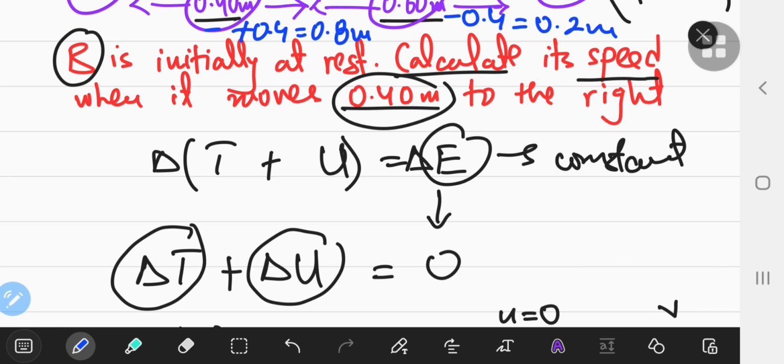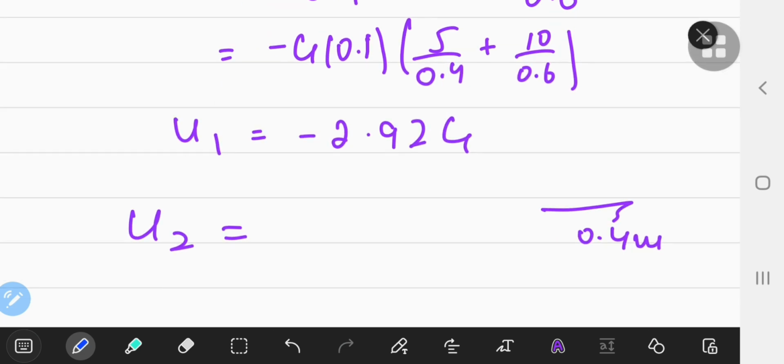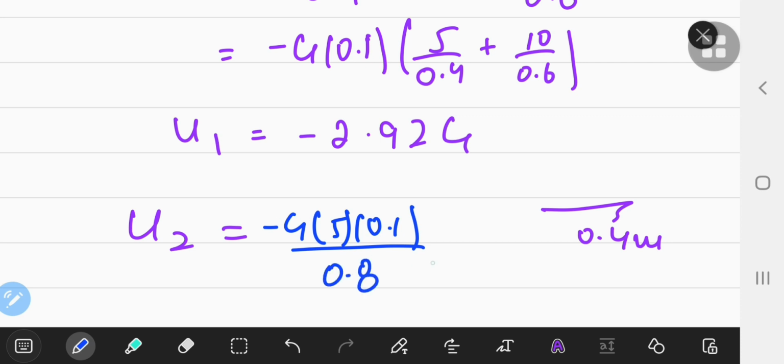So let me just plug in this new information for the new potential energy. So that is going to give me negative G times 5 times 0.1 divided by 0.8 plus negative G times 10 times 0.1 divided by 0.2.